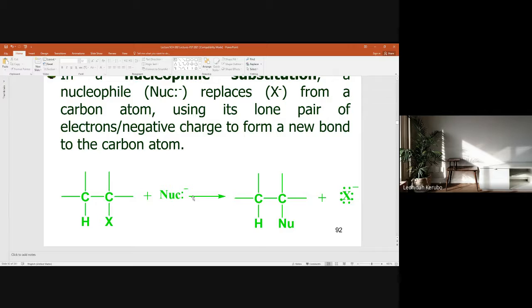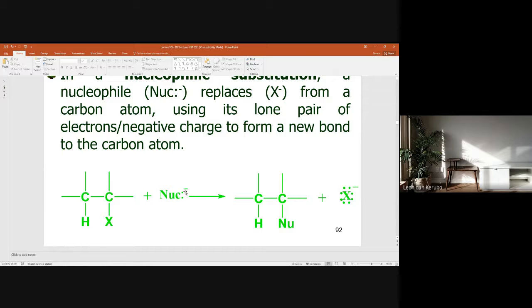But in a nucleophilic substitution reaction, another nucleophile, an electron-rich species, comes in. We don't know which particular one it is, but it has two electrons which can easily be used to form a new covalent bond. And of course, when you see it like this, it means it has 8 electrons.